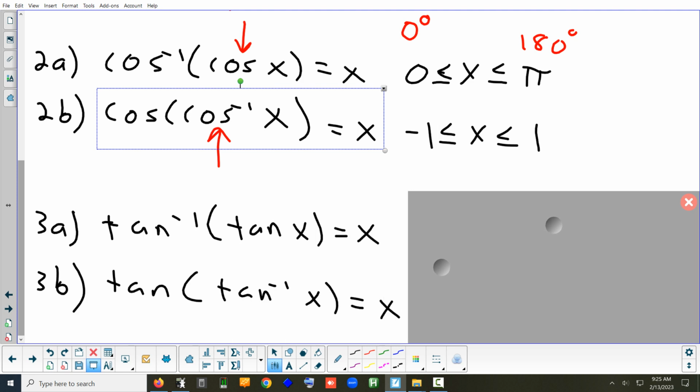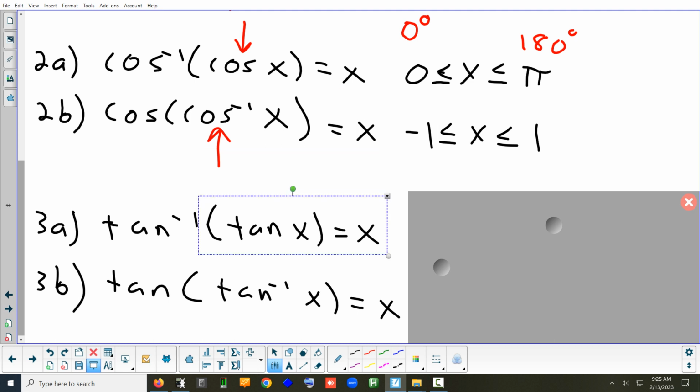All right. And let's look at the tangents. Okay, so again, what's the big idea? Inverse tangent and regular tangent cancel each other out, and you get back the answer you started with.